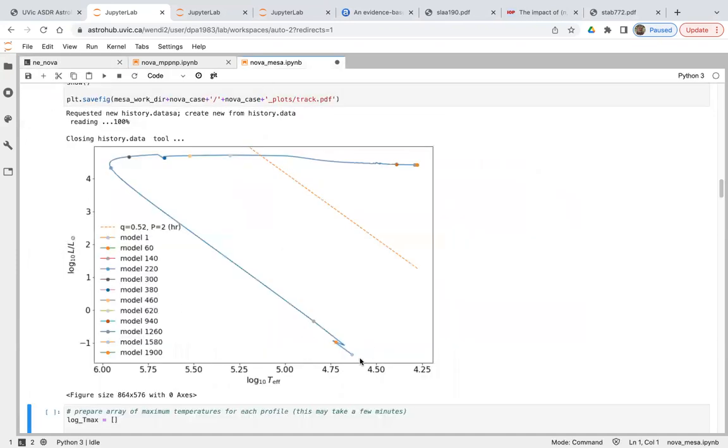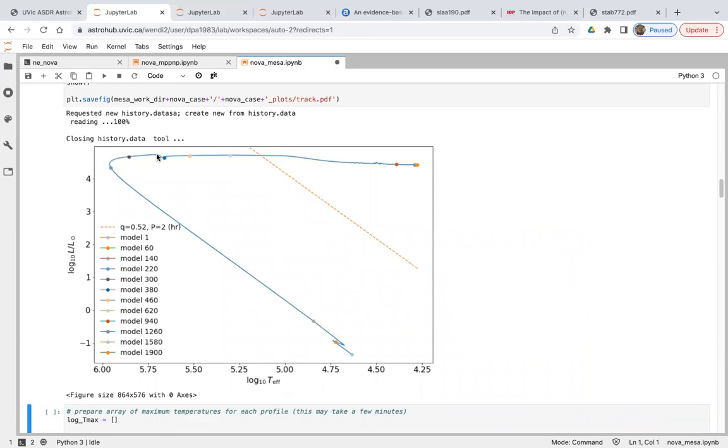So you can see this blue line shows the stellar evolution track of this nova computation. It started here, when the explosion started. As a result of the explosion, luminosity increased from 1/10 of the solar to above 10,000, as it should be for novae.